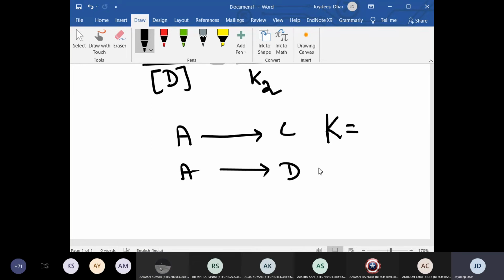So the equilibrium constant you will write as concentration of product by concentration of reactant.